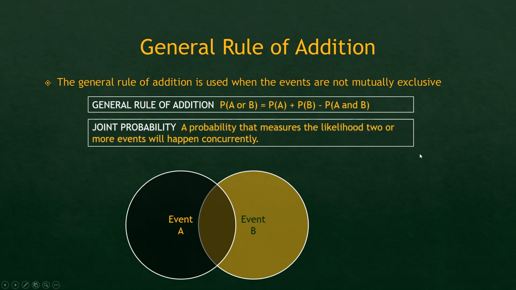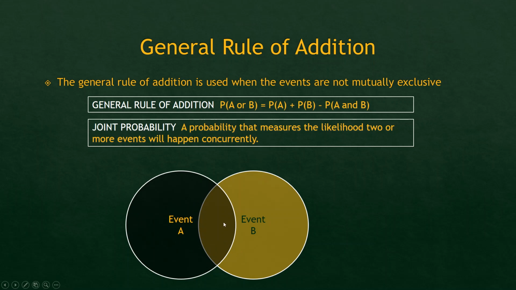Okay, so the general rule of addition is used when the events are not mutually exclusive. The probability of A or B equals the probability of A plus the probability of B minus the probability of A and B. Okay, so once again, when the events are not mutually exclusive, you have the probability of A plus the probability of B minus the probability of A and B. Okay, and joint probability is a probability that measures the likelihood of two or more events occurring concurrently, which is the center part right here.